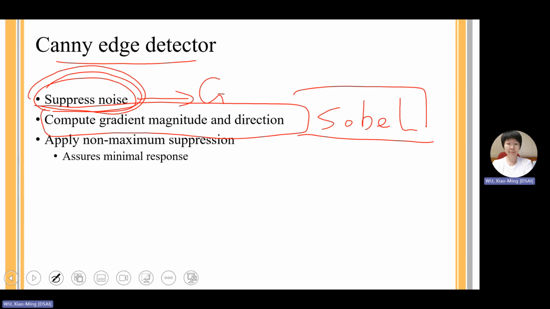The first step, the separate smoothing filter, is optional. If you want to reduce noise in the image, you can apply a separate Gaussian smoothing filter. Then you apply the Sobel detector.